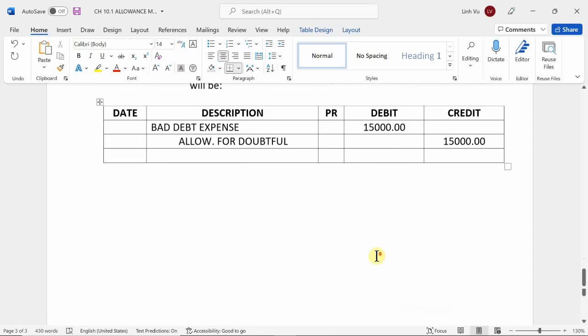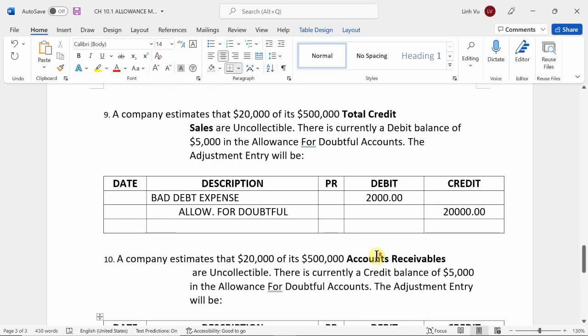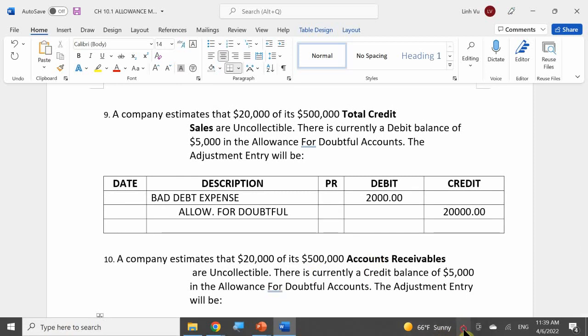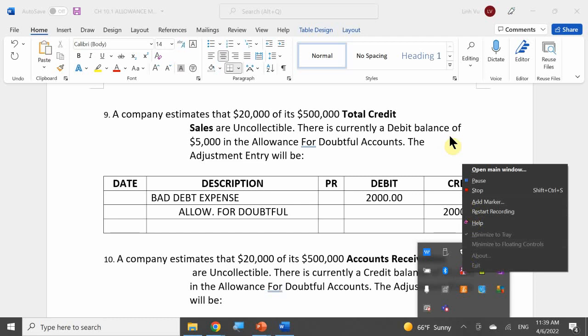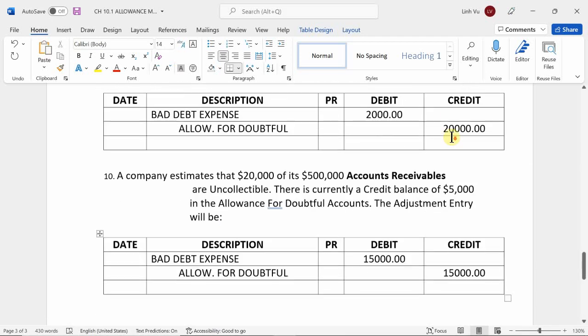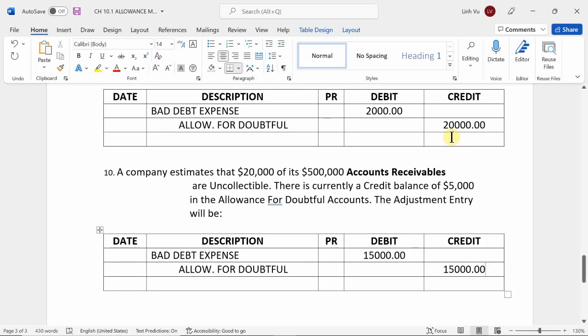Good. Okay. Any questions on chapter 10.1? Okay. So now here, when we see accounts receivable, we will be like minus or plus, correct?